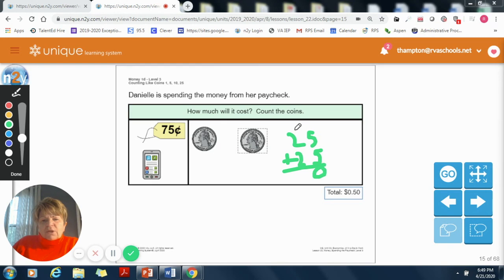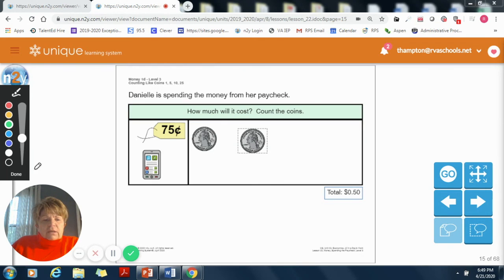We put the 0 in the ones, carry the 1. We have 1 plus 2 and we know that that would equal 5. So we would have 50 cents for that. Now that looks like 60, but that's okay. We know it is 50 cents.